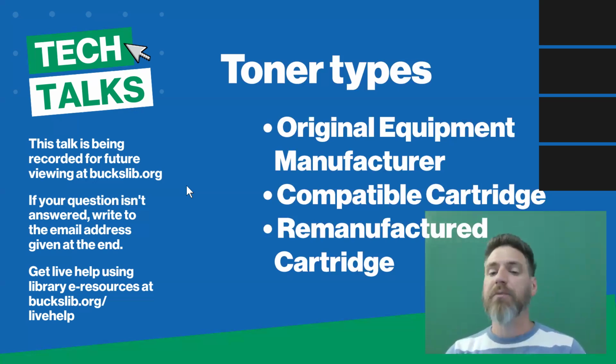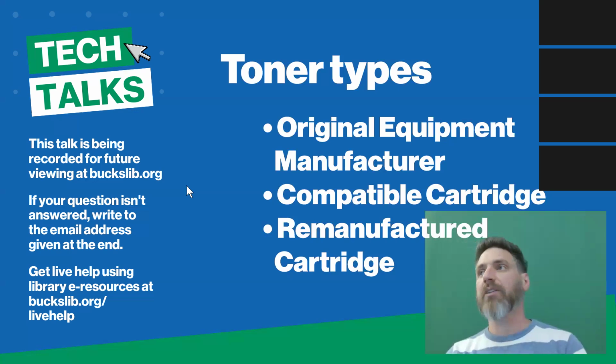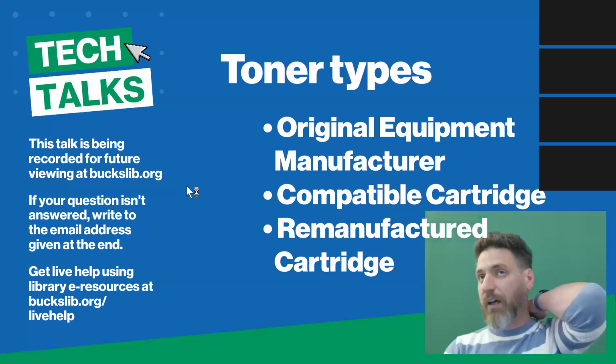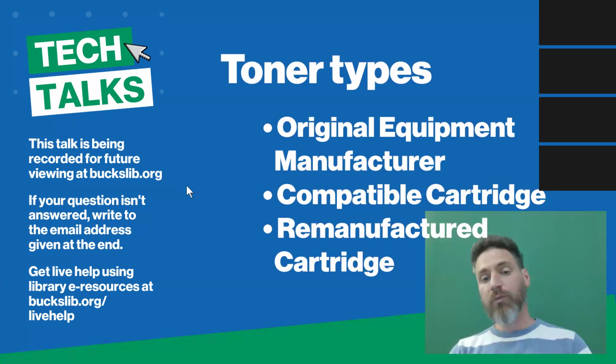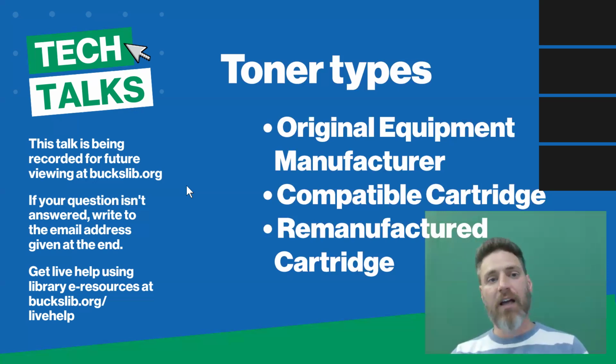There are two other types of toner cartridges that we can talk about here. There are things called compatible cartridges, which are manufactured by other companies and that are designed to fit the model of printer that you have. Now, they often are much less expensive, so you get that benefit. What you do run the risk of is quality control. Often it's hard to research these companies, especially if you're buying from a shopping site like Amazon.